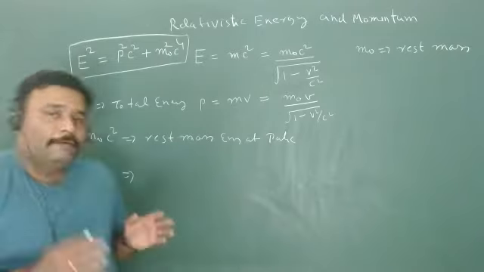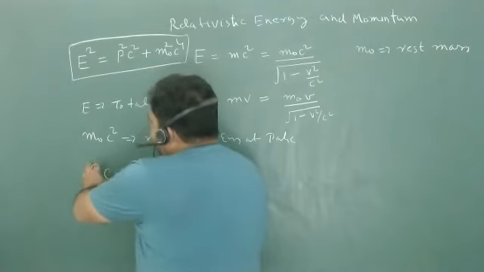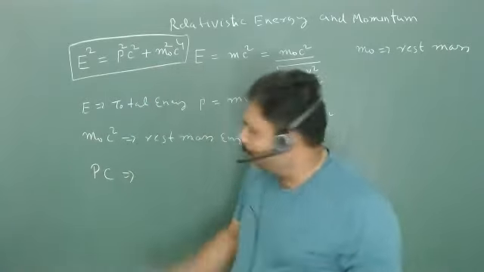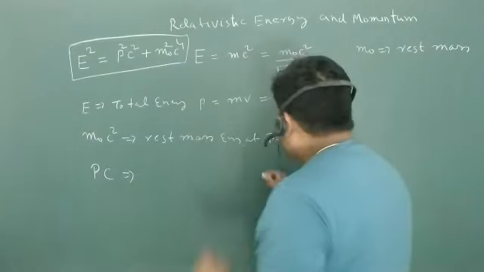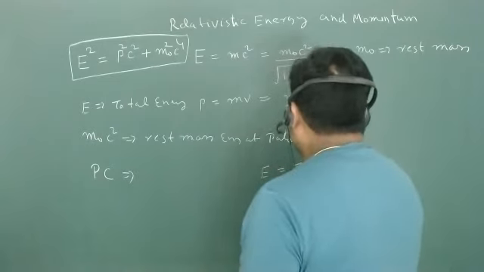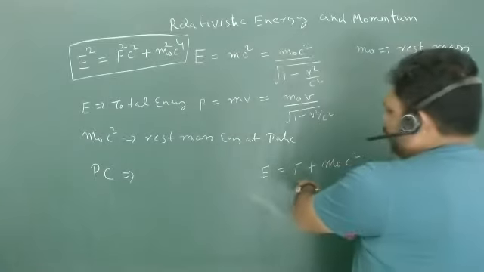Some people are confused and think this is something like kinetic energy, which is completely wrong. So don't think this is kinetic energy. Why? Because the total energy of a particle is equal to kinetic energy plus m naught c square, which is the definition of kinetic energy.